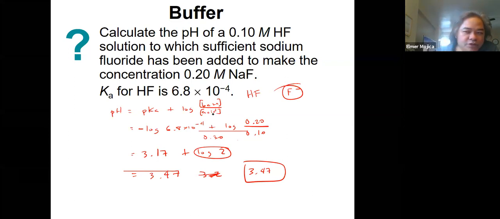Before we go, one more buffer problem, but this is the typical problem that will come up in your exam, which, fortunately or unfortunately for you, is multiple choice. So my advice is double check your answer.